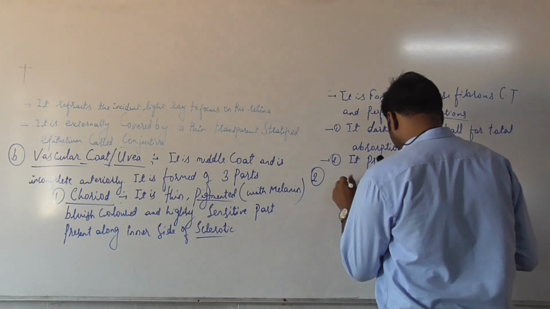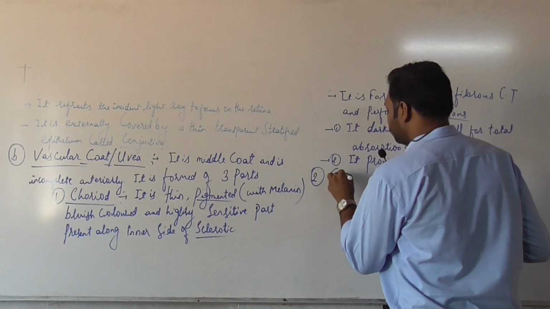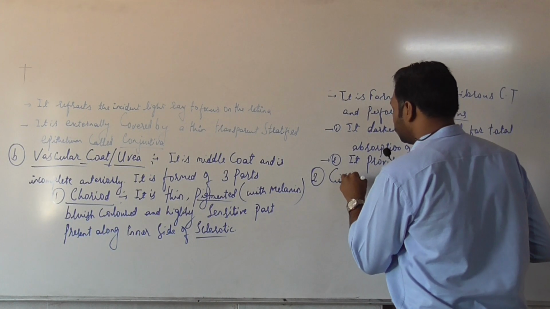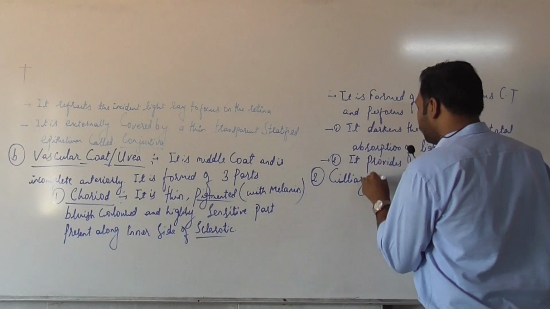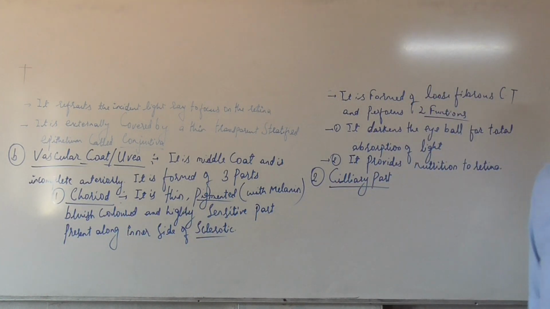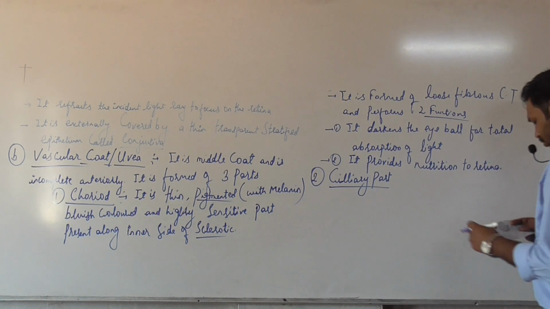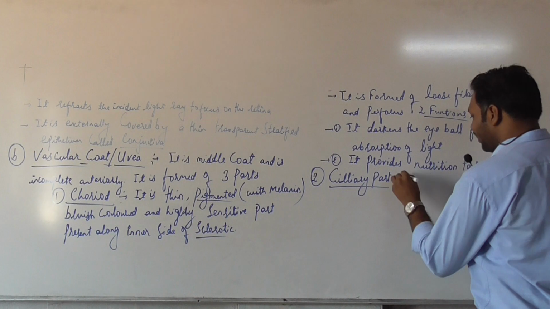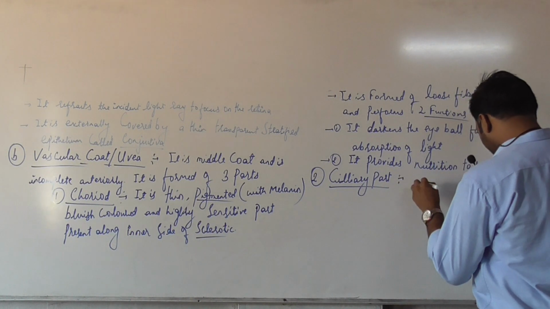That is the ciliary part. Basically, ciliary part means nothing but ciliary muscles which are present around the eye. So see here, what is their function and what is their location.